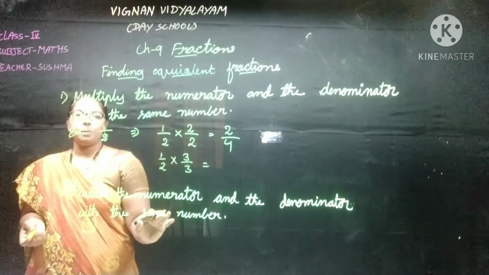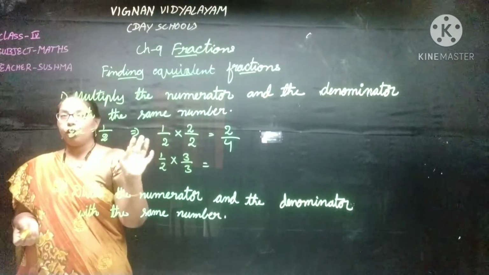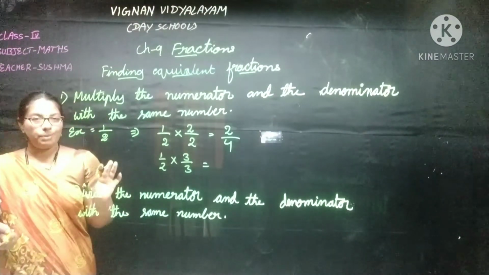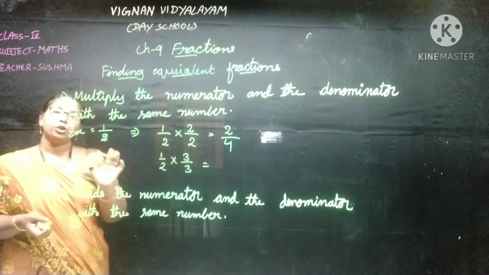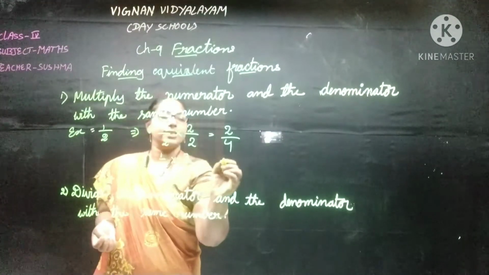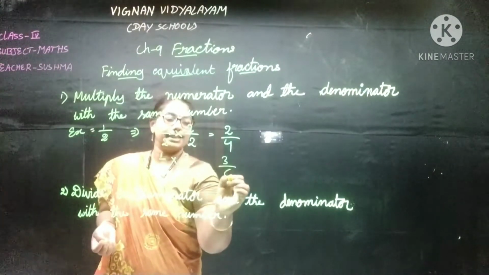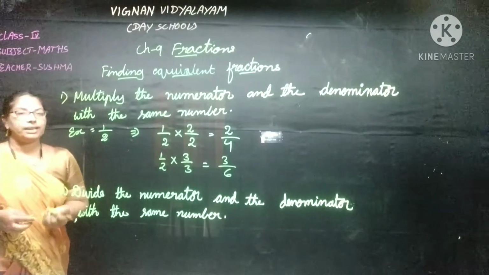But here two conditions are there. First one, it should not be 0. Next one, the numerator and the denominator should be multiplied by the same number. So multiply: 1 3s are 3, 2 3s are 6. So 3 by 6 is also one equivalent fraction for 1 by 2.